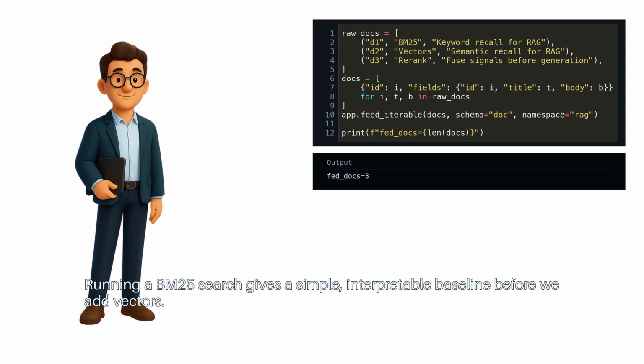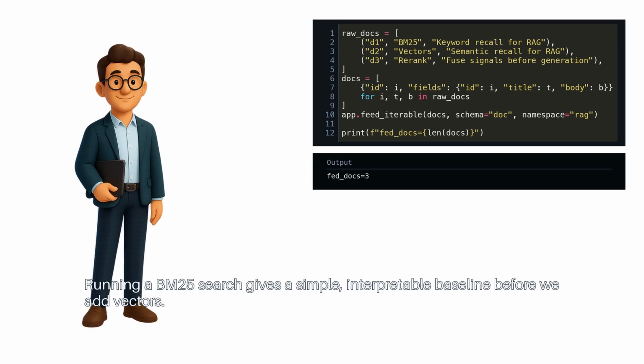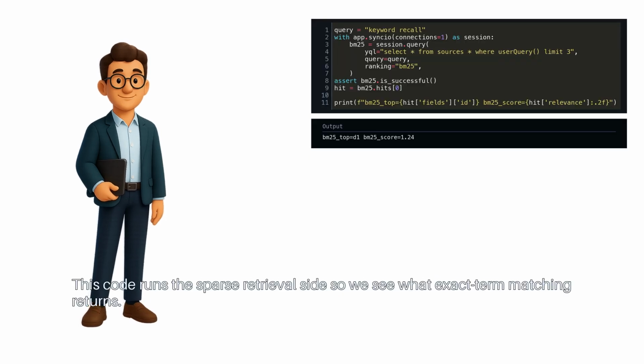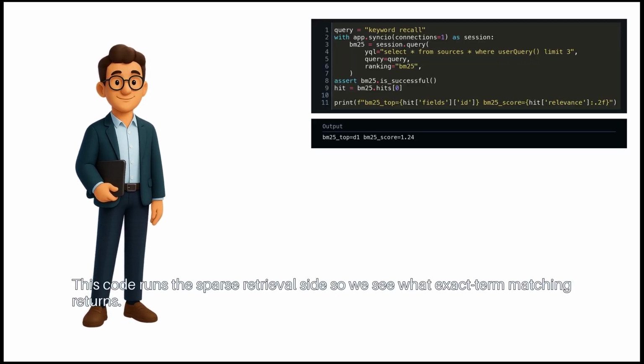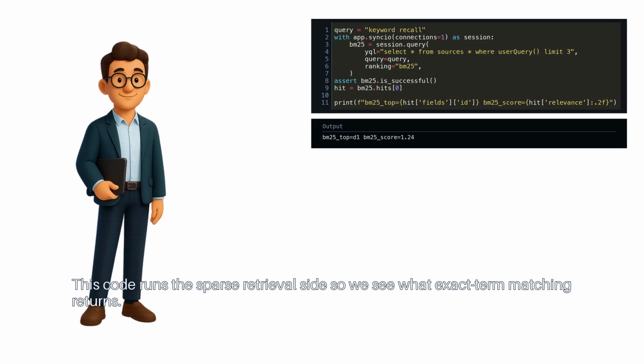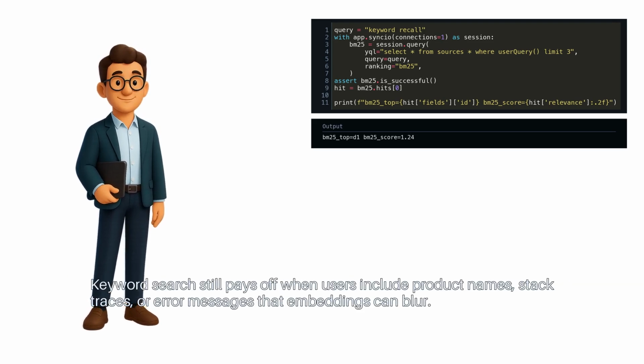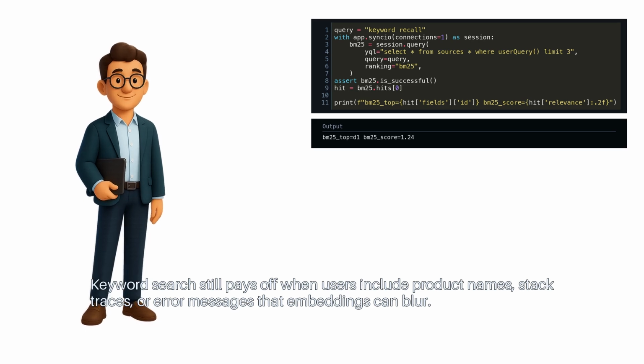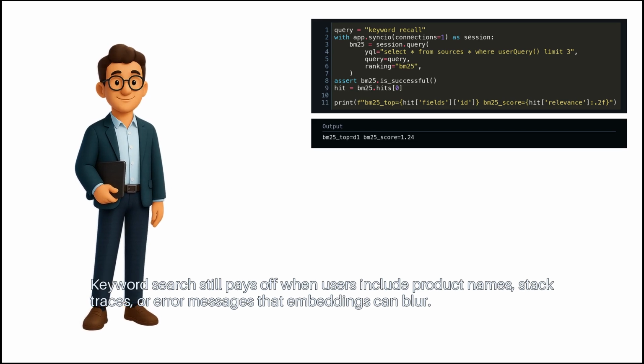Running a BM25 search gives a simple, interpretable baseline before we add vectors. This code runs the sparse retrieval side, so we see what exact term matching returns. Keyword search still pays off when users include product names, stack traces, or error messages that embeddings can blur.